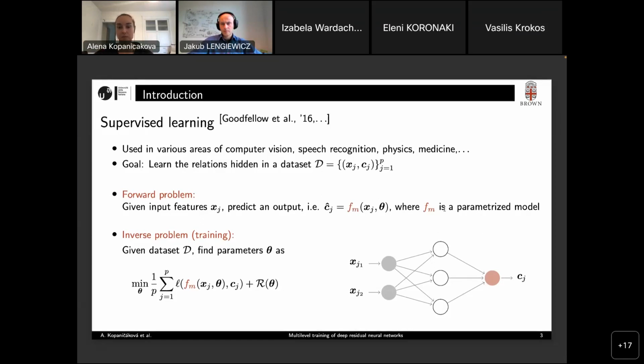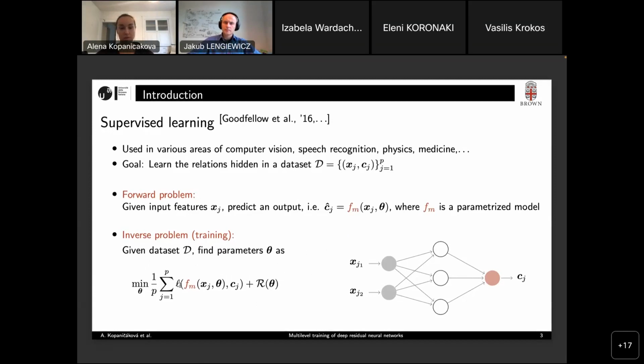Then, in addition to the forward problem, we have the inverse problem, where for a given data set D, we are looking for the optimal set of parameters theta, which parameterize our model f_M. We find these parameters by means of a minimization problem.